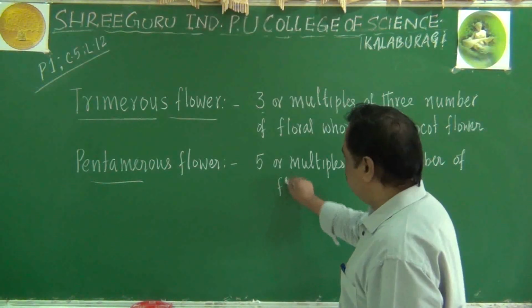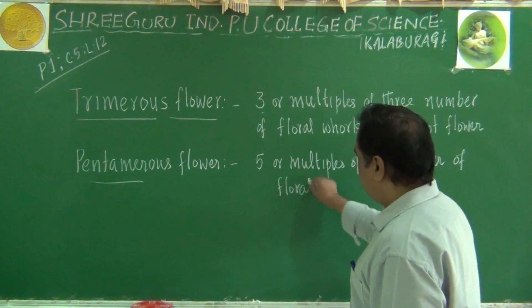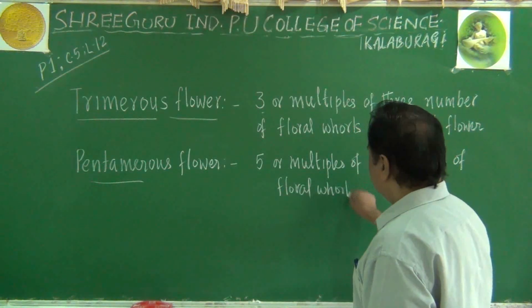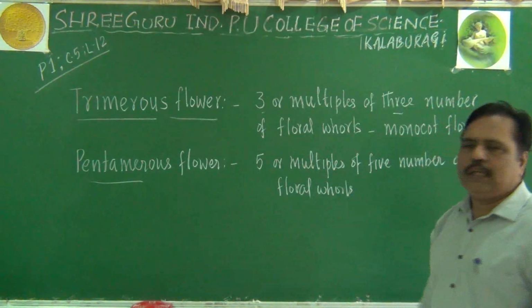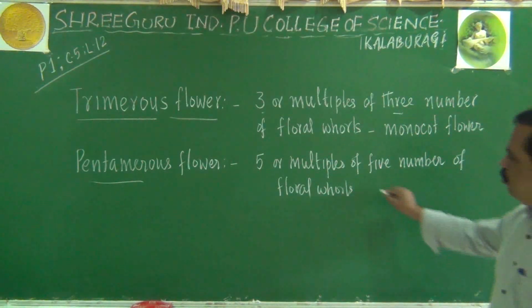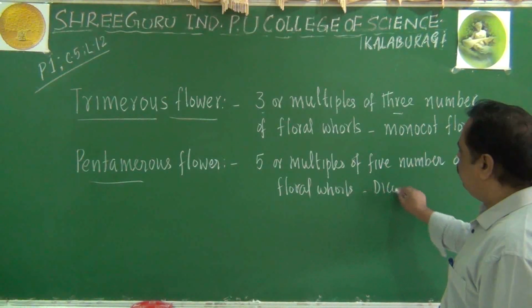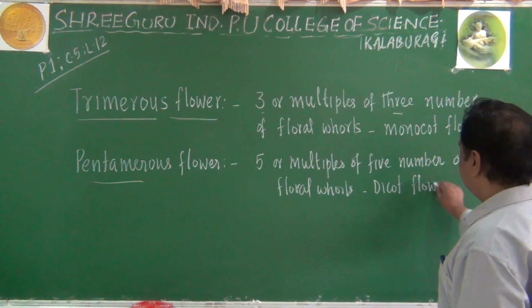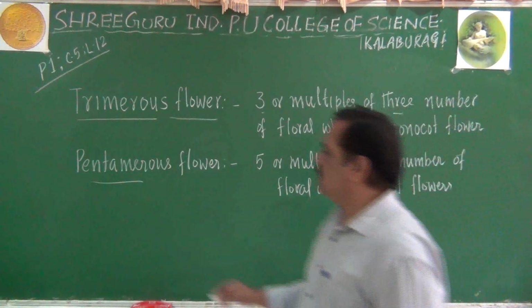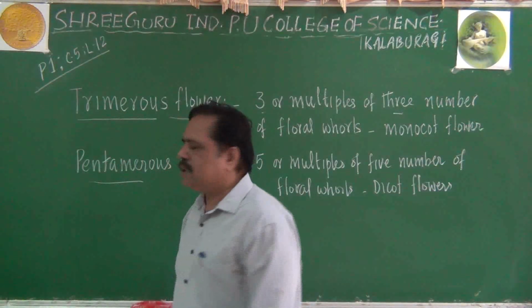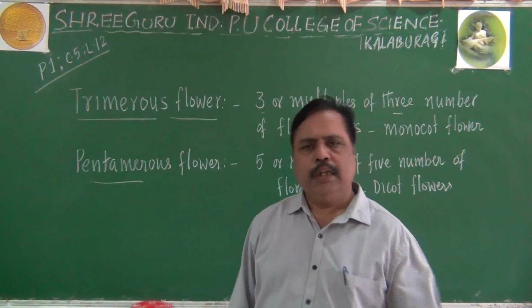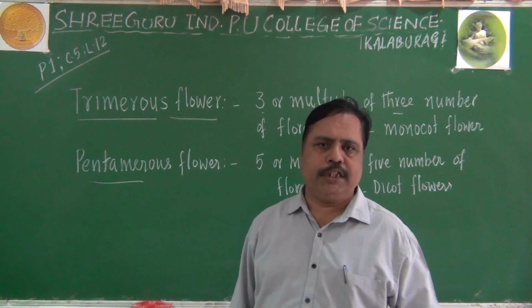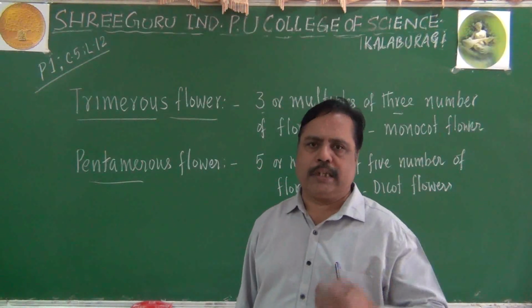That will be known as a pentamerous flower. Most of the dicot flowers come under this category only. So these are the major categories. There may be tetramerous condition also, hexamerous, like that and all.